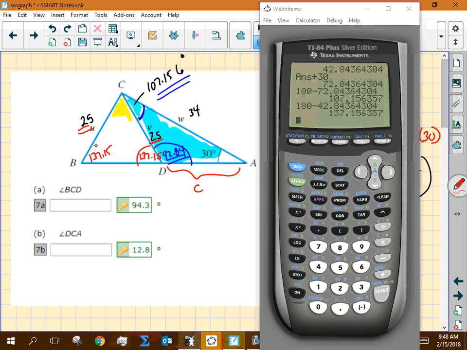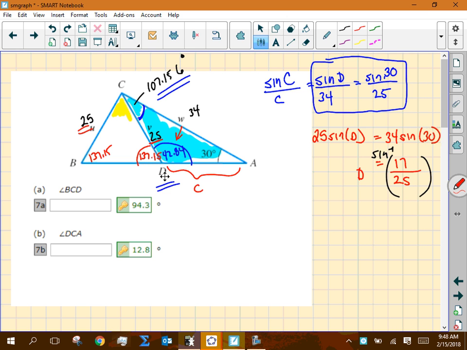So, that means this angle here could not be 42.84. Okay. This triangle on the right is an angle-side-side triangle. It's the ambiguous case. The 42.84 doesn't really work. But its supplement might. Does that make sense? Okay. What's 42.84's supplement? 137.15. So what really happens in this question is that these two numbers just flip-flop, right?